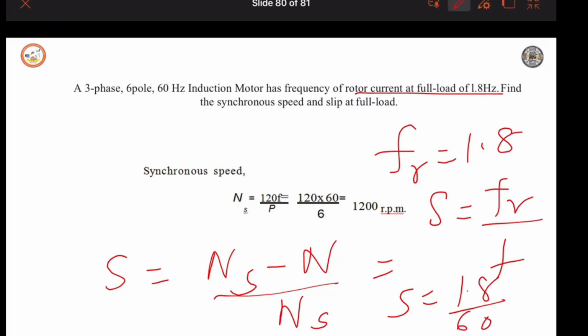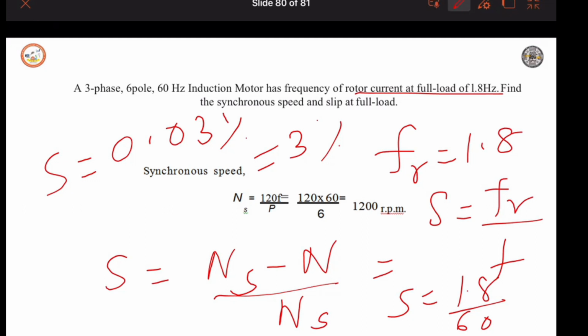So we get S is equal to 0.03, that is nothing but 3%. The slip at full load is 3% because the rotor frequency given at full load is 1.8 Hertz.